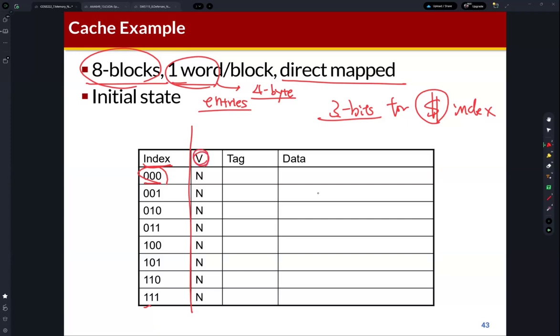Then you can find the valid bit, which is the cache flag, and the tag space and data space. This is the initial state of the cache. When you just turn on your computer, the cache does not include any data, so the cache is empty, which means the entire data in the cache is invalid. You can find that this is N, not valid, so actually it means 0. All data are invalid.